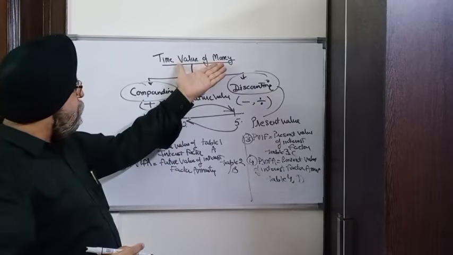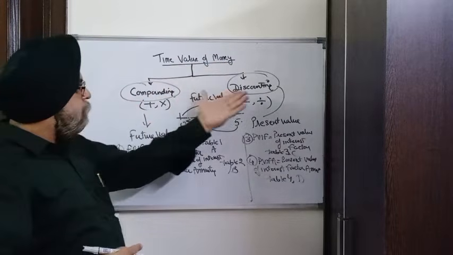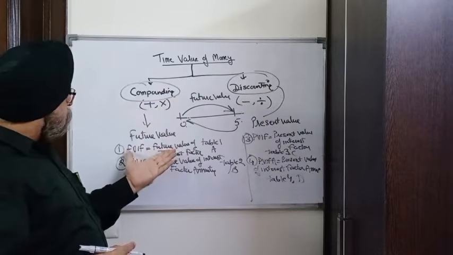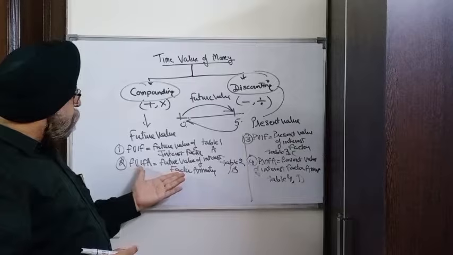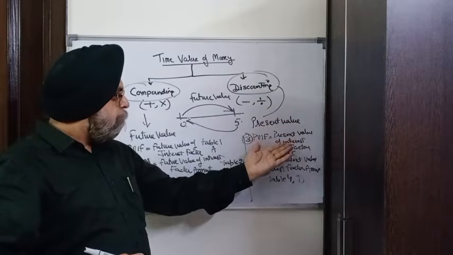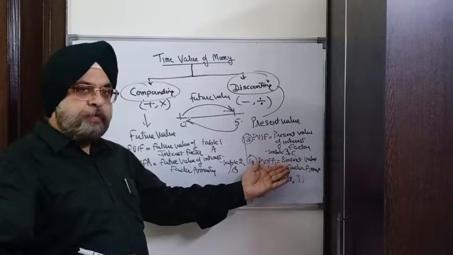It can be easily divided into the process of compounding and the process of discounting. In the compounding, we have two things, FVIF and FVIFA. In the process of discounting, we will calculate present value, PVIF and PVIFA.